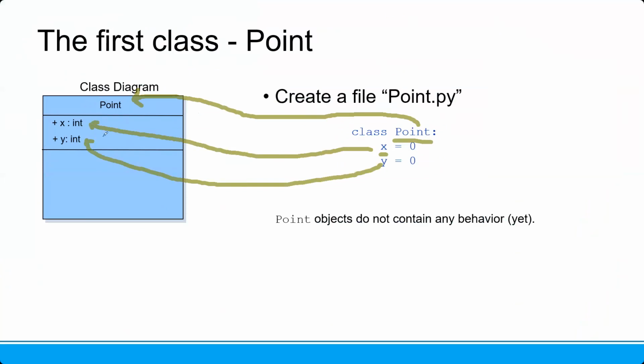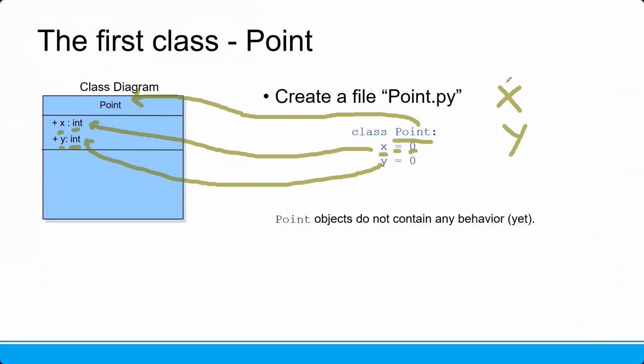Because we want to have X as integer and we want to have Y as integer, let's make the initial value 0. Because if you just define X and Y without any numbers, what happens?